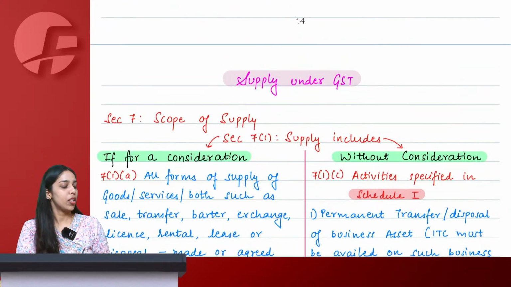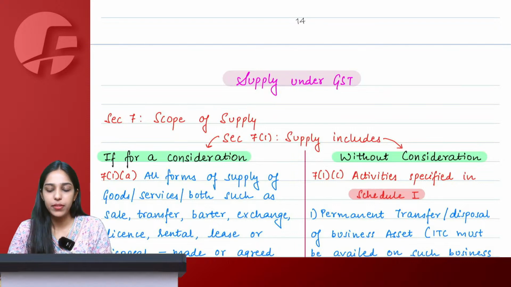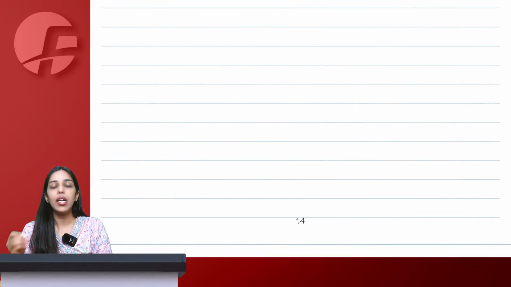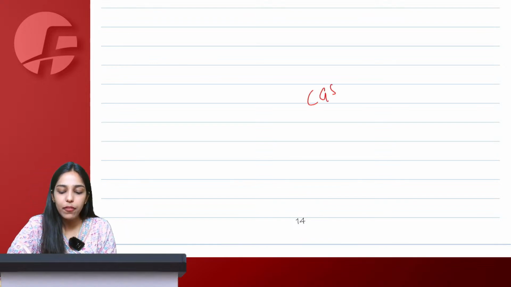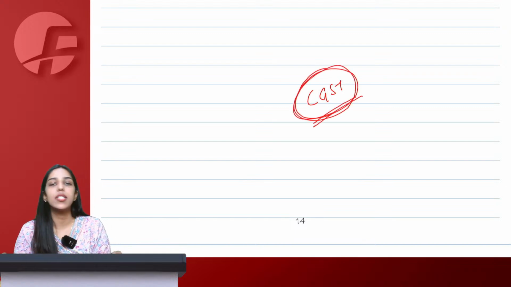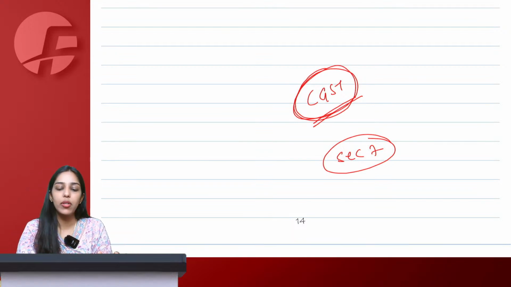Okay. So now let's start with the official first core chapter of the syllabus. Now, whenever I mention a section number, unless I say it is IGST, you always have to take it as CGST only. So if I only say section 7, you have to automatically understand that I am talking about section 7 of CGST Act.